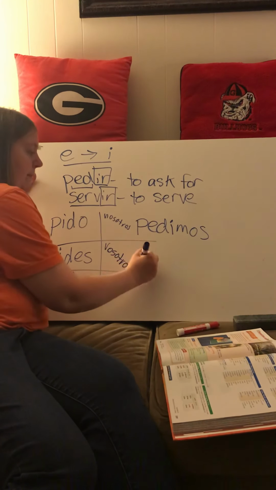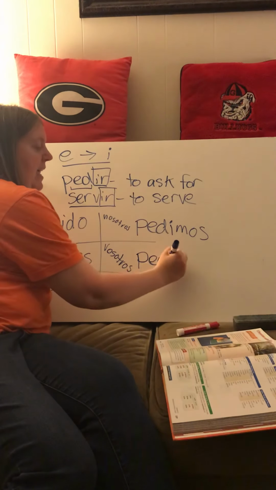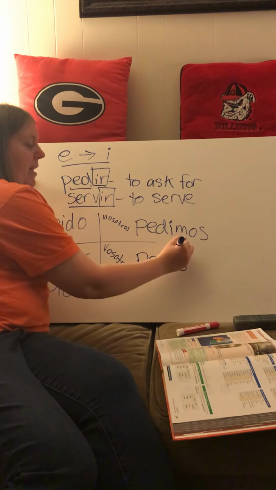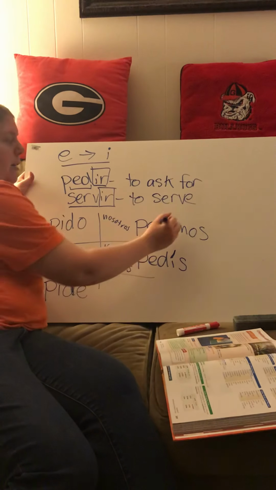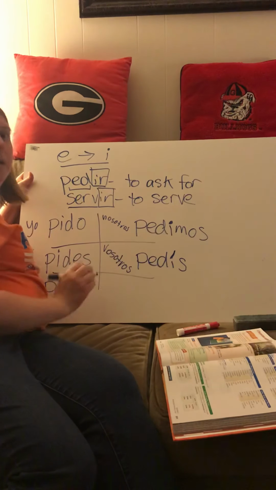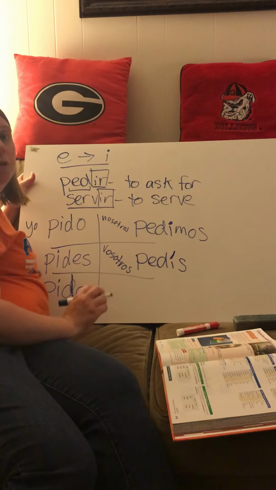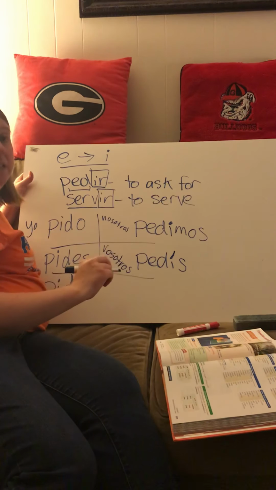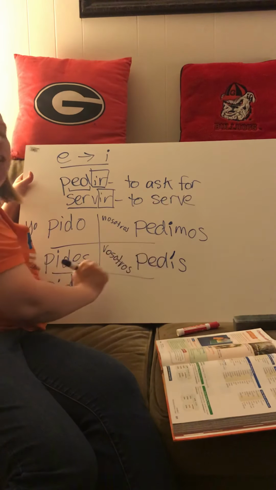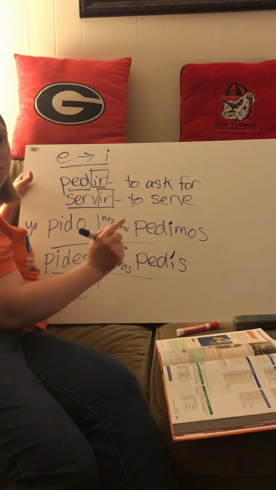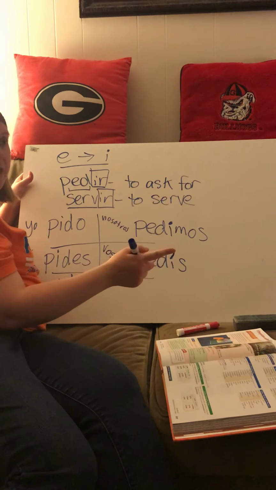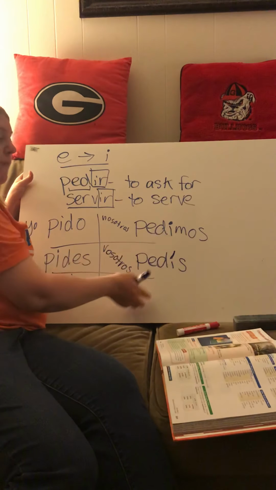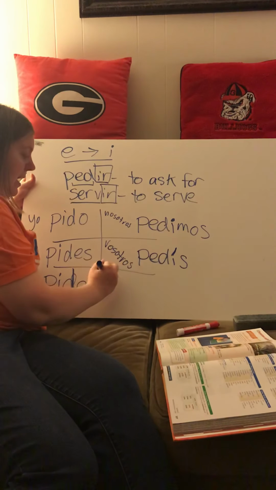Vosotros pedís. Make that accent pretty clear. Make this dot pretty clear. The only grade I'm taking this week will be the Socrative, and spelling counts and accents count. So, and you can't fudge on Socrative because it's either an accented letter I or it's not an accented letter I. So, it's only vosotros that has an accent. Okay.